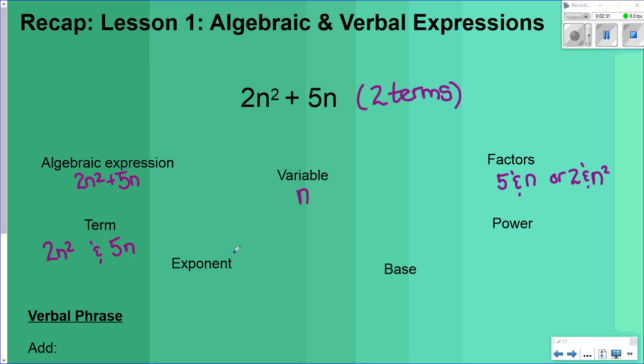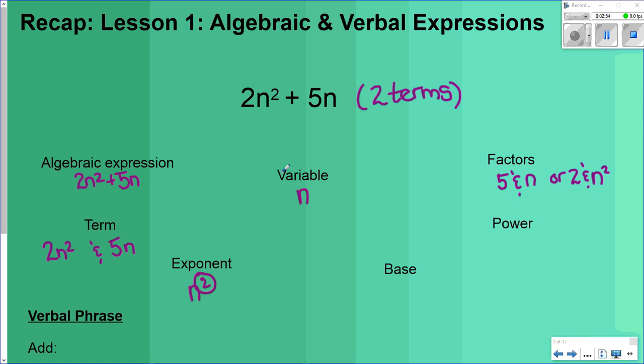Exponent. So exponent is the superscript number that tells you how many times you're going to multiply the number or the variable. So the exponent, I'm just going to write 2n squared and then circle the 2. That's the exponent.